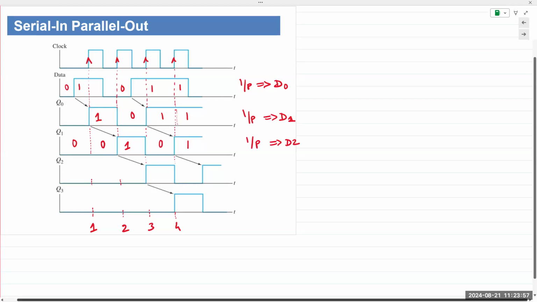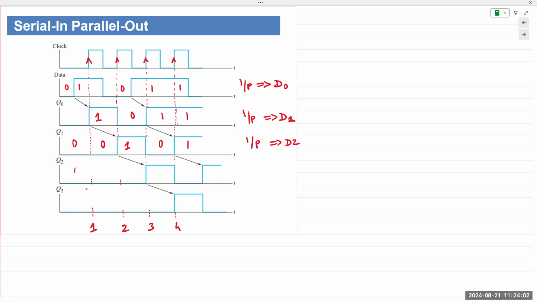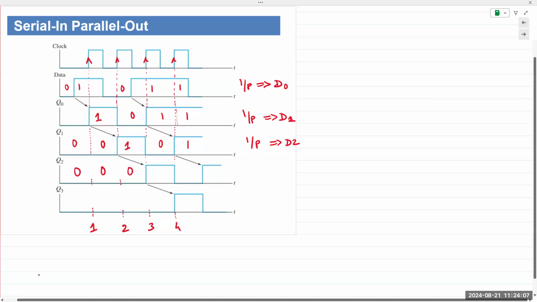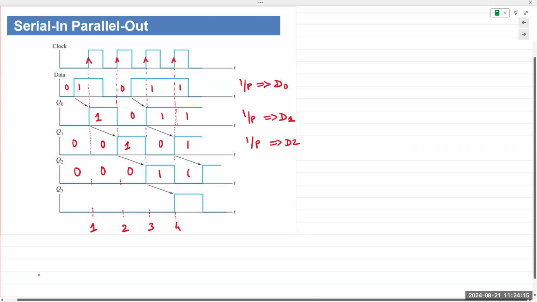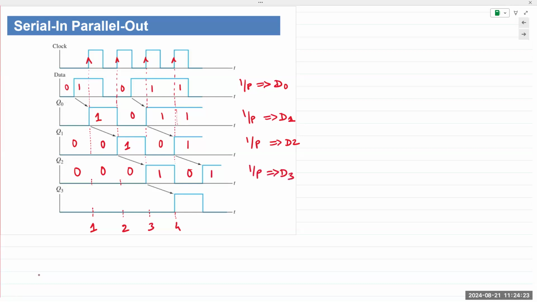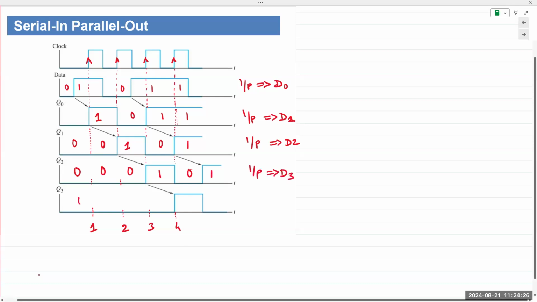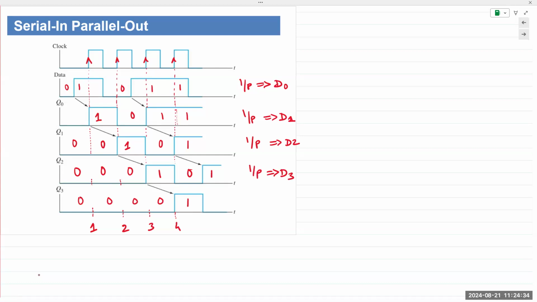So the output Q2 remains at 0 until the positive edge arrives. When the positive edge arrives, it's going to shift. And we get a waveform like this, which is then fed as input to D3. D3 remains at 0 until that positive transition. Then it changes value, goes to 1.